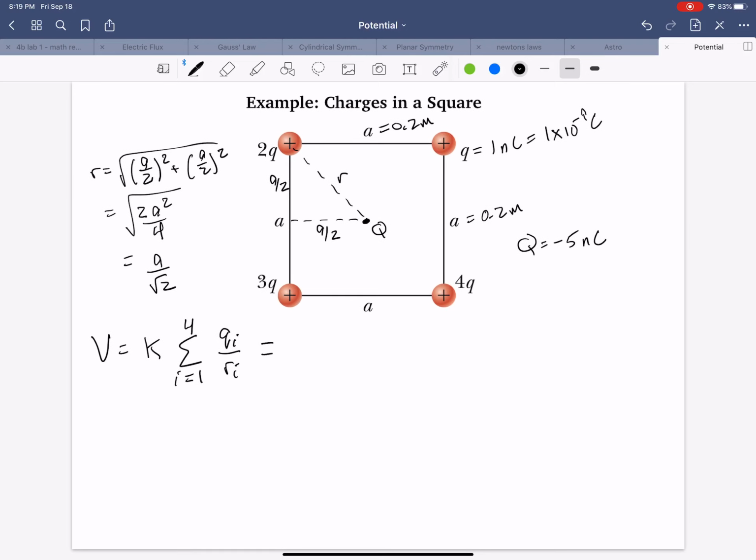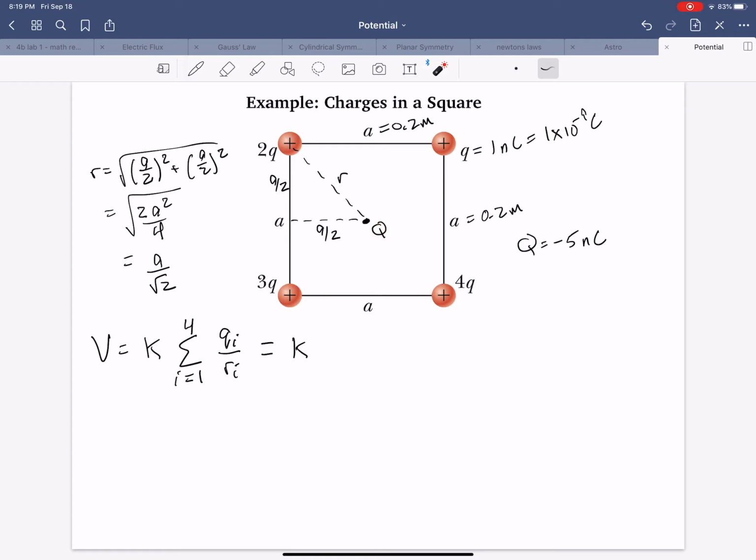And so what we do is, superposition tells us that we can calculate the potential at the center here based only off one charge at a time. So Q contributes to the potential its amount, and that's completely separate from the amounts of the other charges.